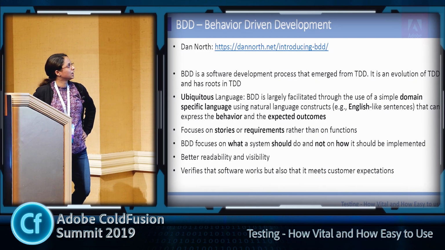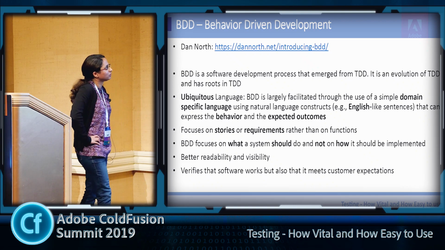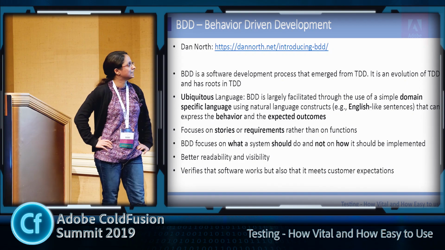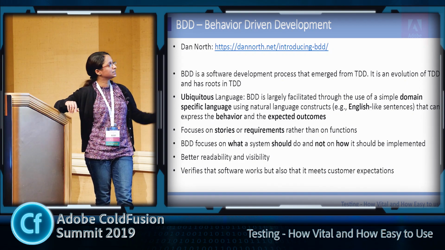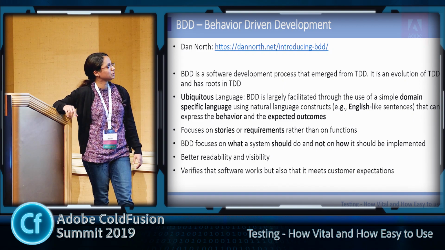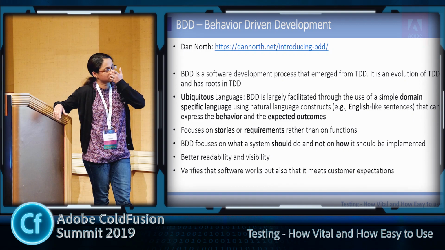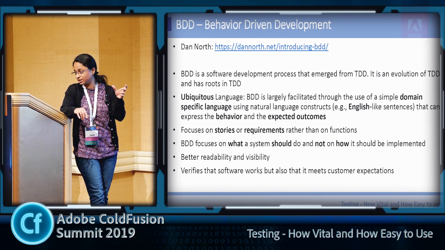Here I'm writing my test using the given-when-then format, where given is my input or preconditions before the test. So I have two input strings. When is my event or function that's getting implemented. So when the concatenate function is called. And then is my post condition.